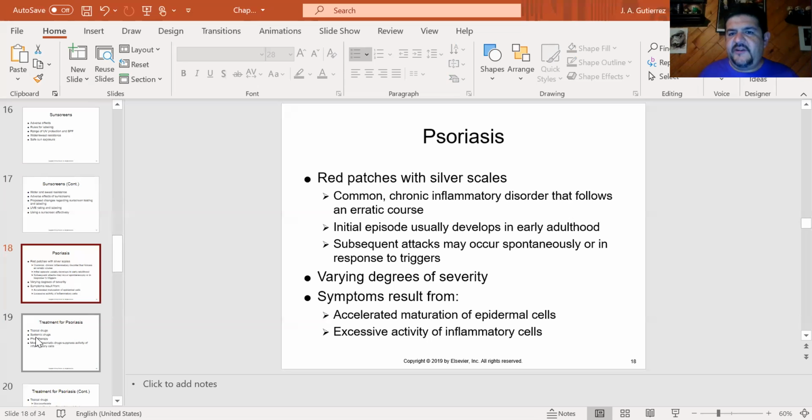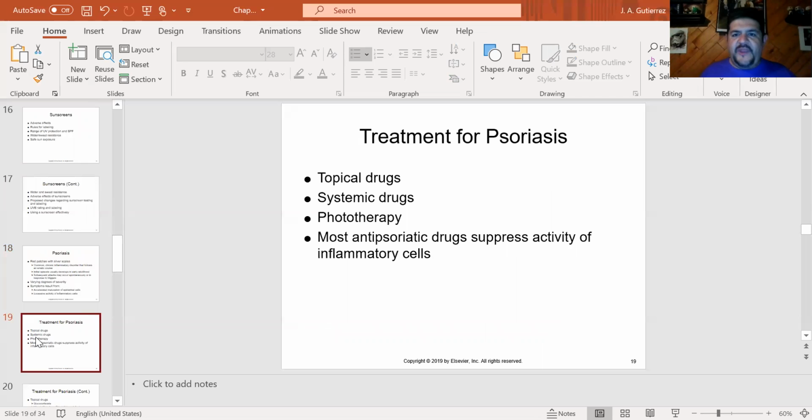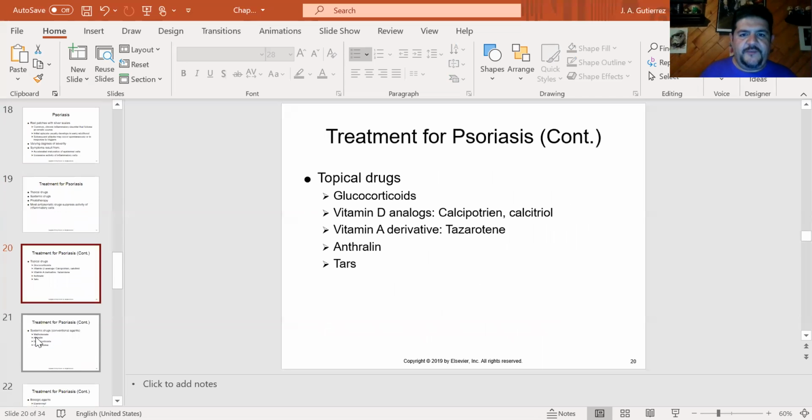The reason the silver scales come out is because in that area, because of the chronic inflammation, the cells are stimulated to mature faster, but they don't detach from the skin. They don't fall off like a normal skin cell would. So here we have a lot of options regarding treatment: topical, systemic, phototherapy.